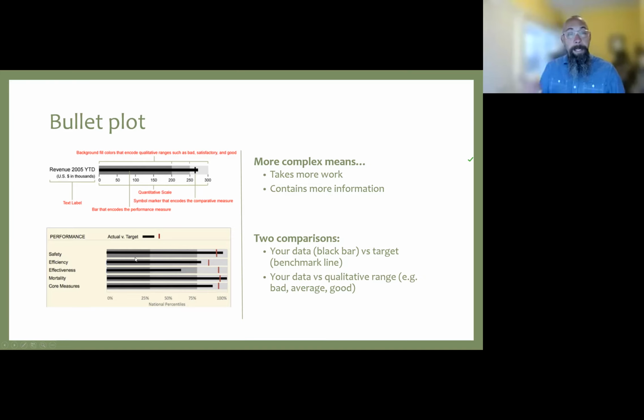So in that way, it's making two kinds of reference: one to the absolute threshold of the benchmark, and two to the relative qualitative idea of whether you're in the bottom 25%, the middle 50%, or the top 25%. So a bullet plot could be worth investigating for some questions or some visualizations.